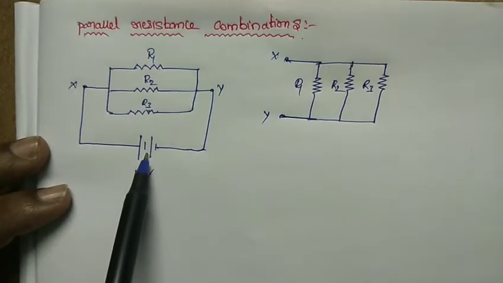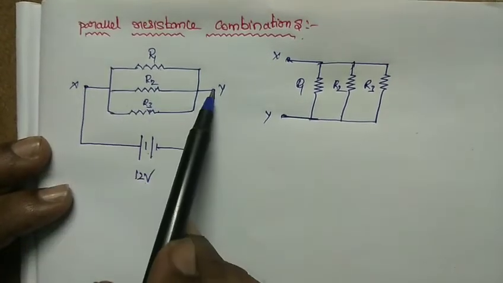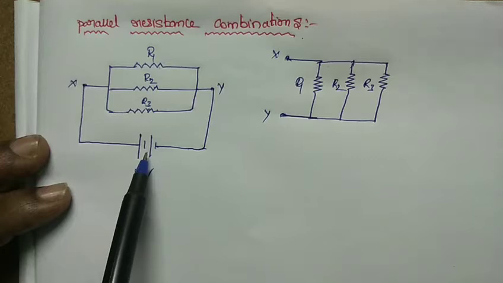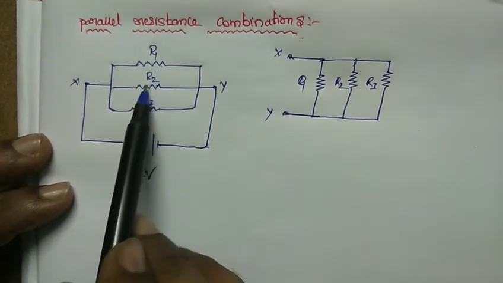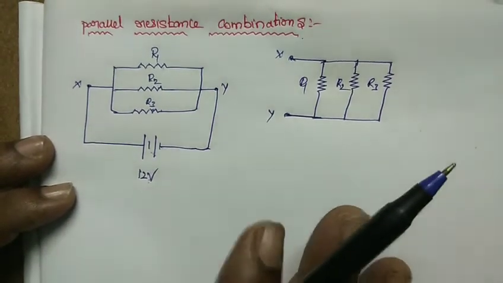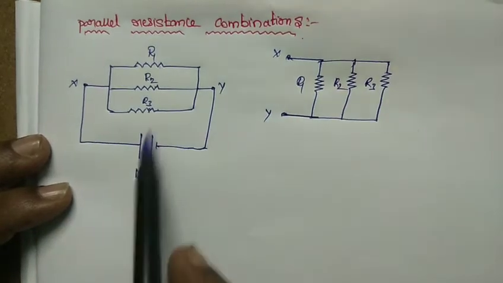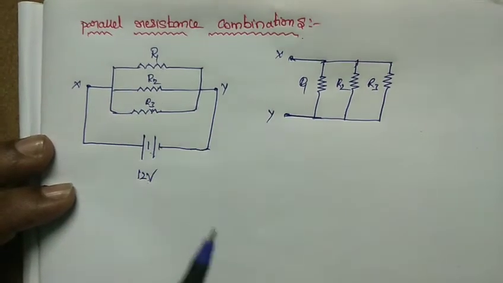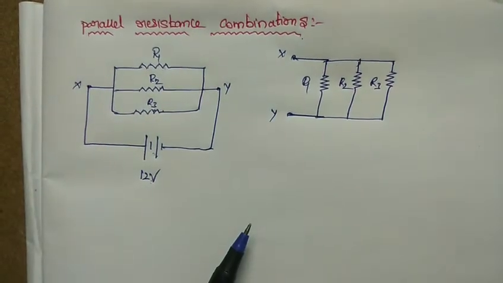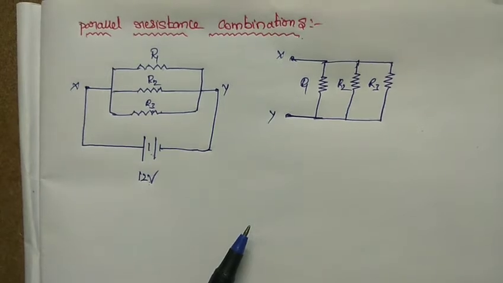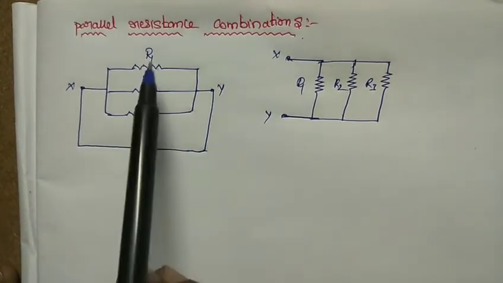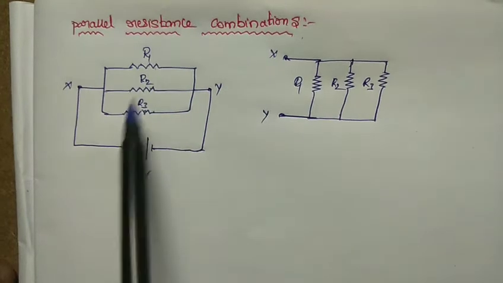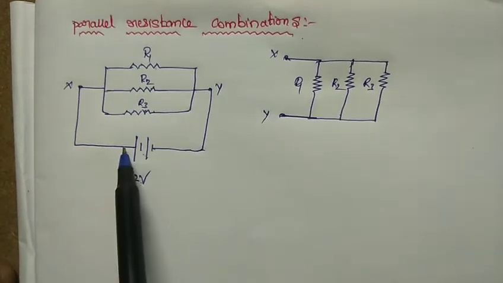The 12 volt battery is connected to the X terminal and Y terminal. So this voltage is across R1, R2, R3 in parallel. Here the voltage is the same in parallel resistance. Yesterday in series resistance the voltages were different, but in parallel resistance the voltage is the same.